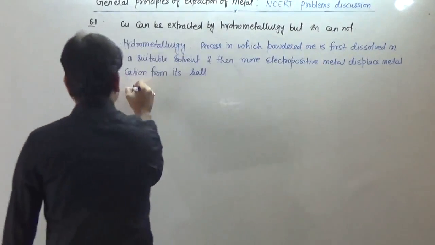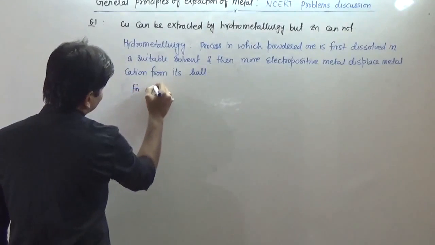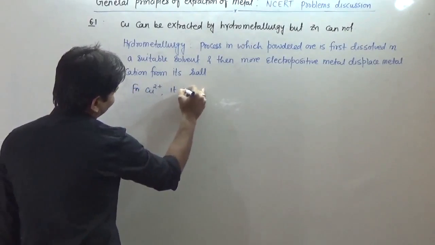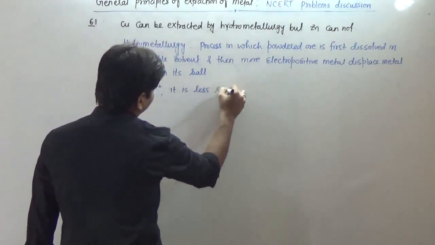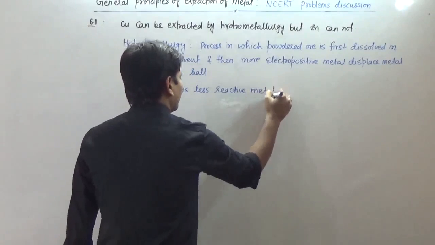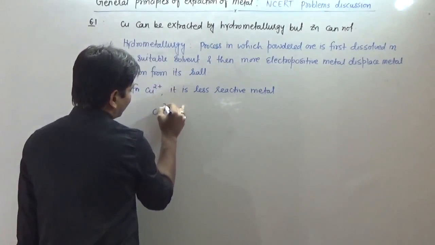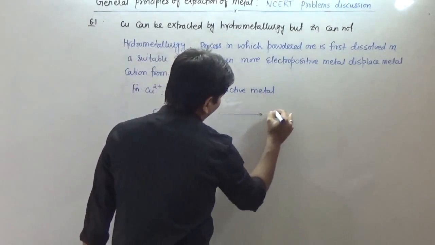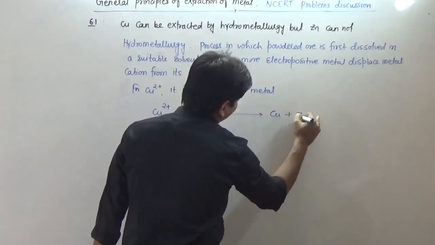For Cu2+, it is a less reactive, less electropositive metal, which can be easily displaced. Cu2+ salt is dissolved and you can use zinc, a more electropositive metal, and copper will be displaced from its salt.